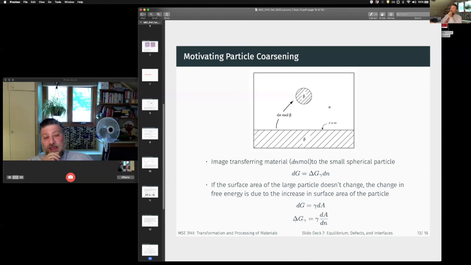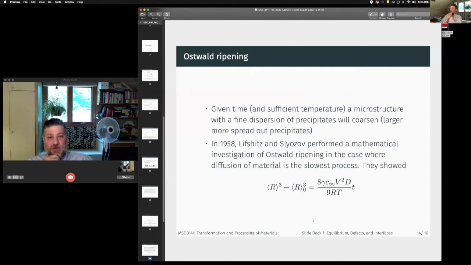So what we can get is that the Gibbs free energy for the system is going to increase if we transfer material from a big particle to a smaller particle, right? And the amount that it's going to increase is the change in surface area times the surface energy, right?